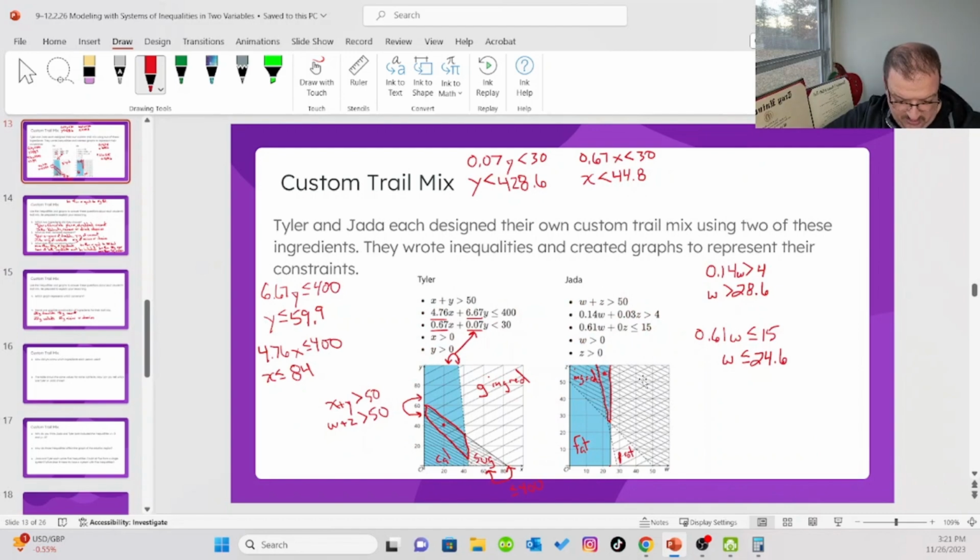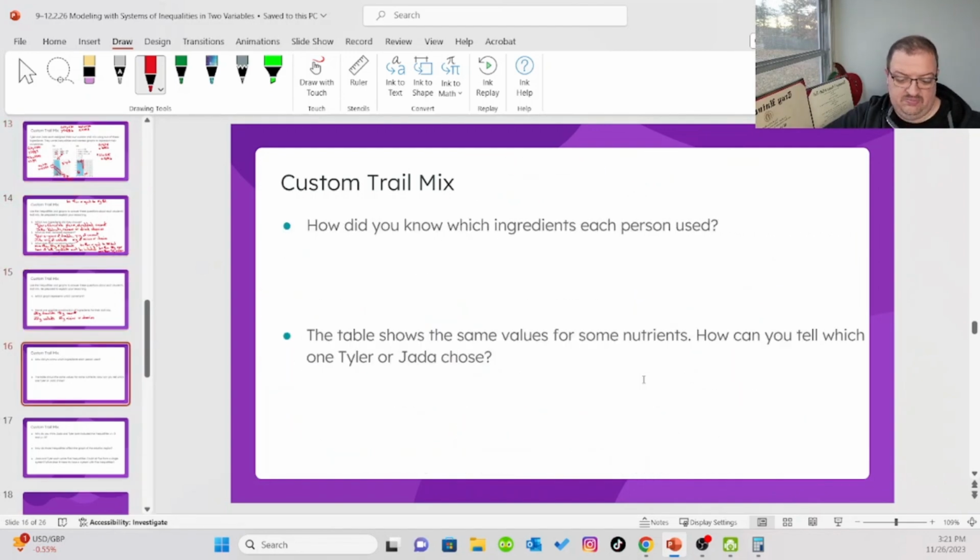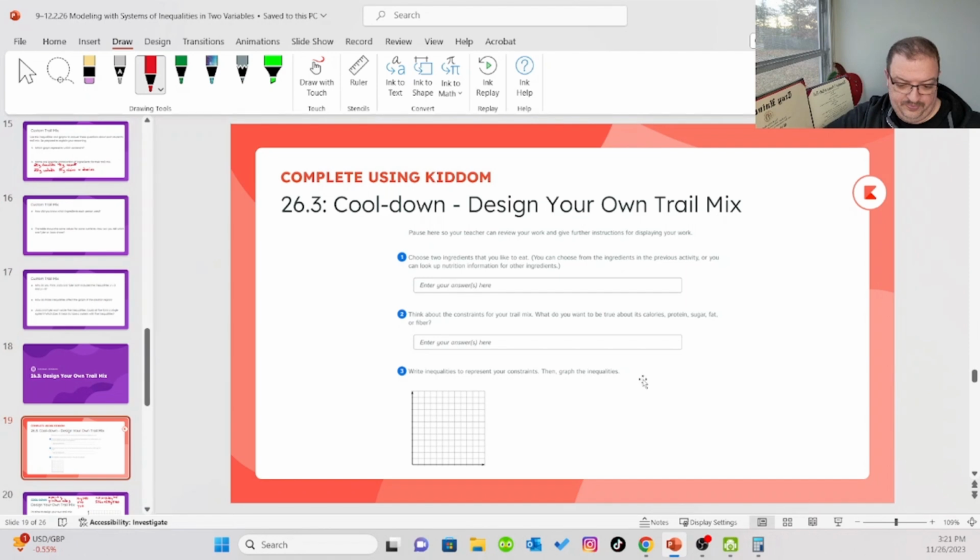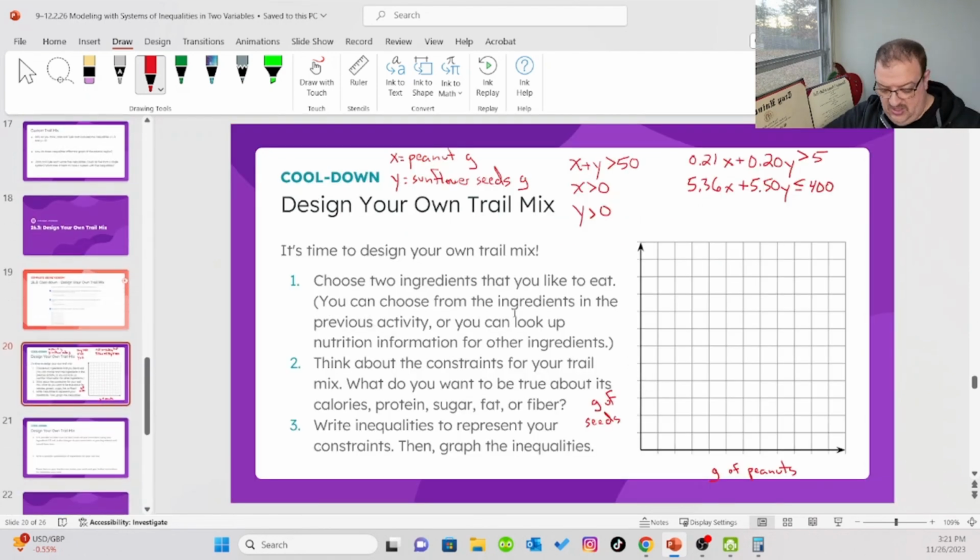So they labeled by tens. So our origin will be 0, 10, 20, 30, 40, 50, 60, and we'll do the same thing on the y-axis.